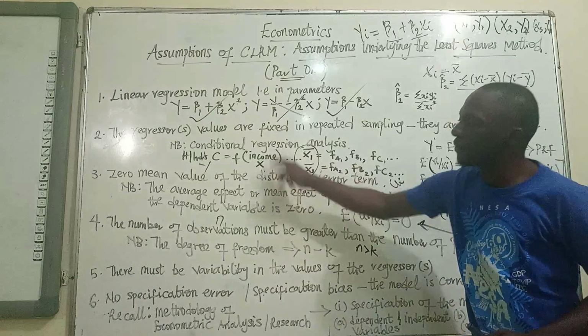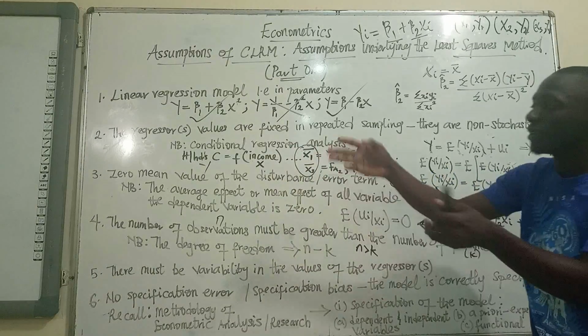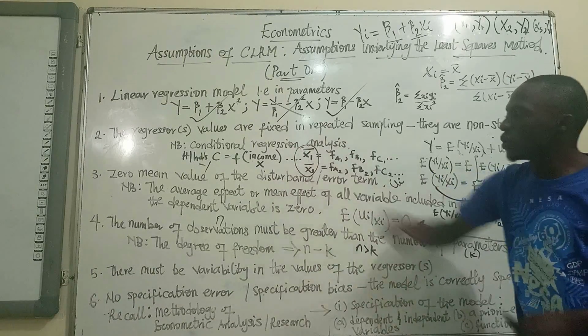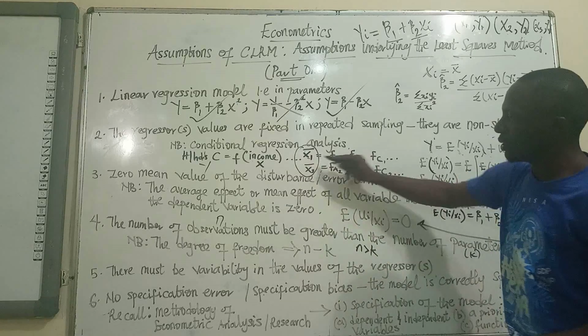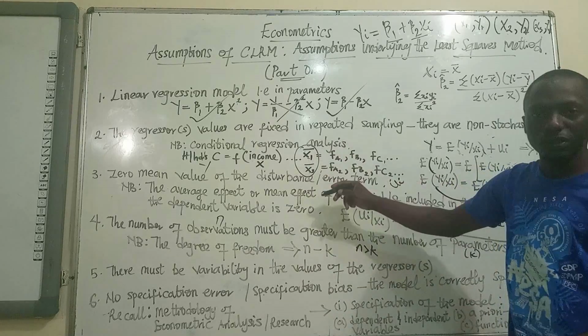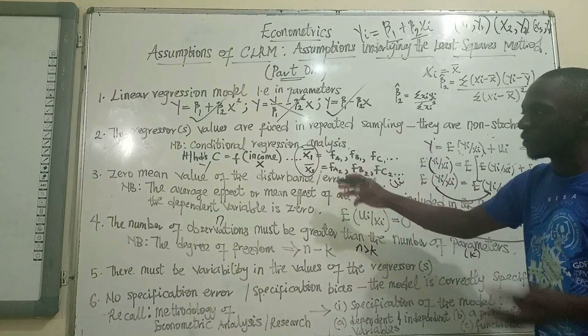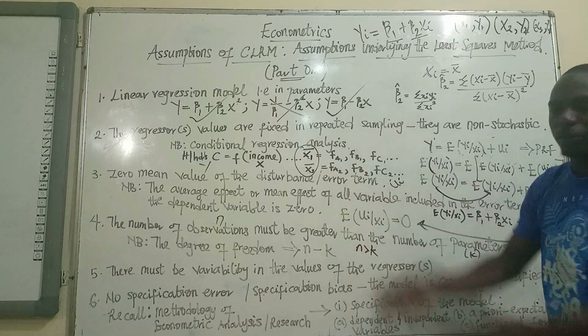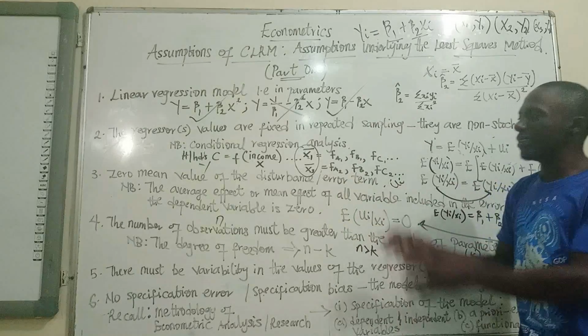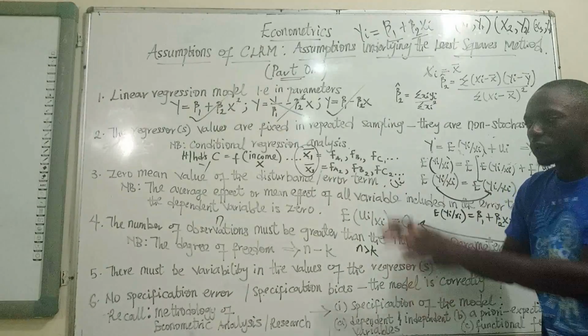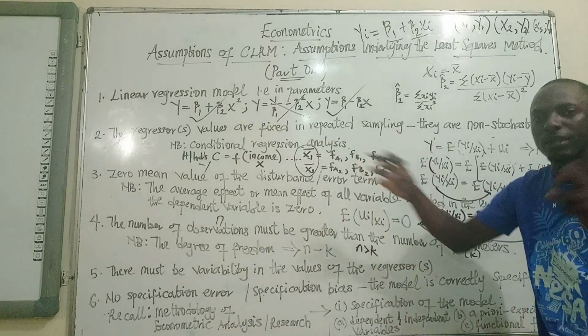Then we must have different values of income to get the dependence of consumption on income, which means our x values must not be the same across different observations. Though the x values, that is the income values, are fixed over repeated sampling, being fixed doesn't mean they must take the same value. That's what this assumption is saying: there must be variability in the x values.